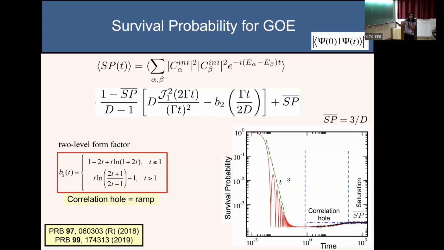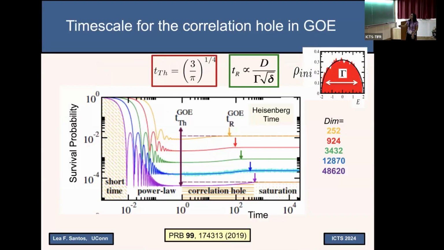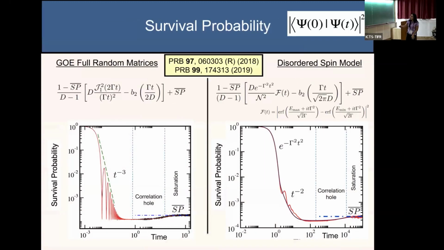I have correlations. These two things, the eigenstates and the level statistics, the eigenvalues, are statistically independent. So what is it that we are going to get? An equation that is similar to that.